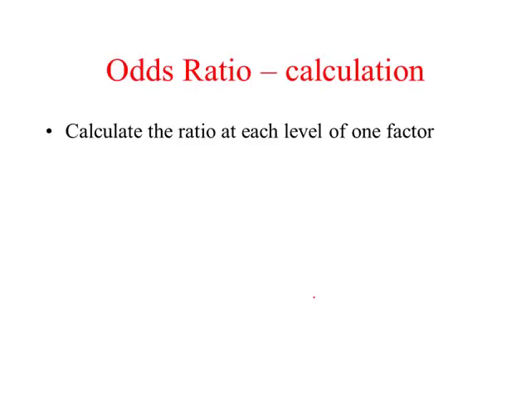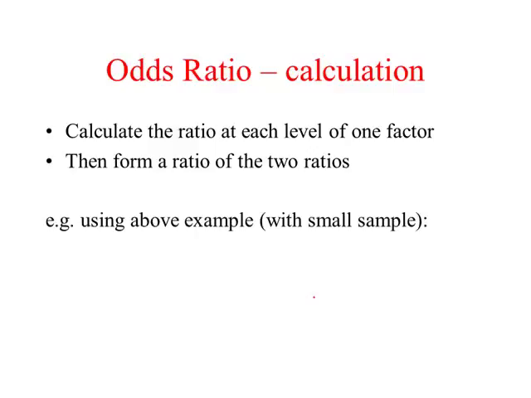So to actually calculate the odds ratio, we start by calculating the ratio at each level of one factor. Then we take those 2 ratios and divide them together to create 1 ratio. To make sense of this, think of our men versus women, alcohol versus non-alcohol. First we do it at each level of one factor.